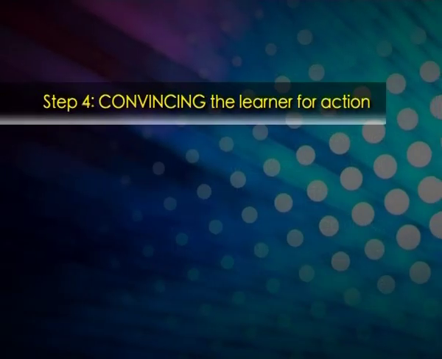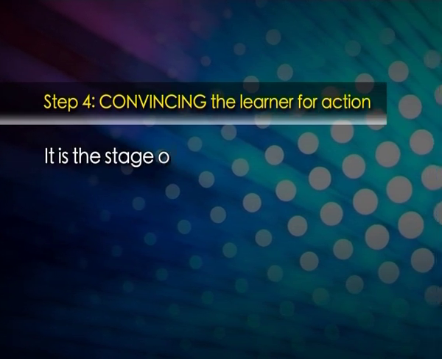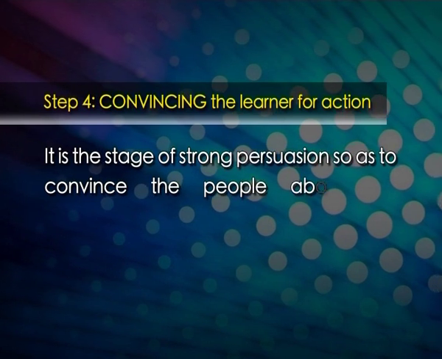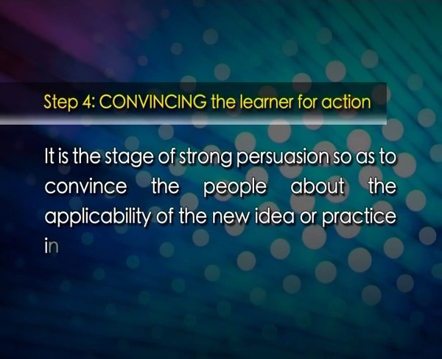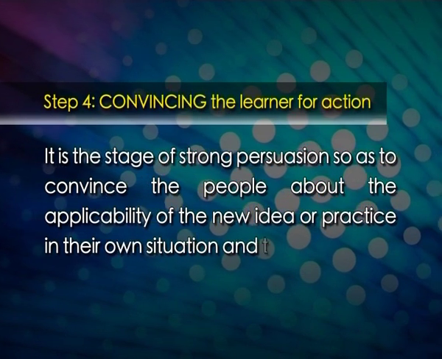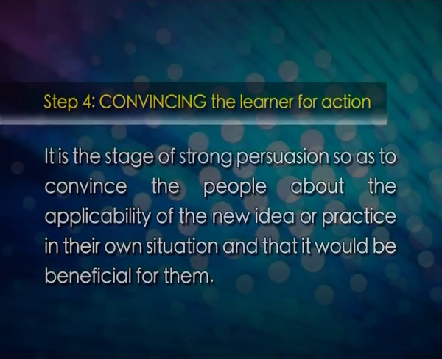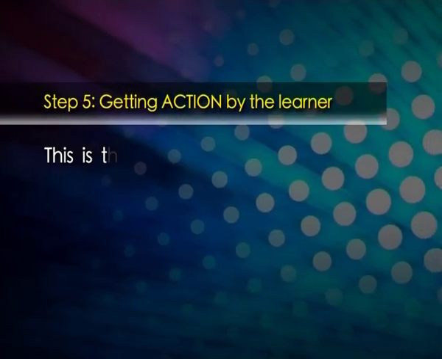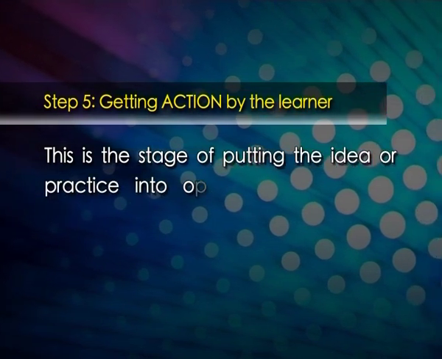Step 4. Convincing the learner for action. It is the stage of strong persuasion so as to convince the people about the applicability of the new ideas or practice in their own situation and that it would be beneficial for them. Step 5. Getting action by the learner. This is the stage of putting the idea or practice into operation.